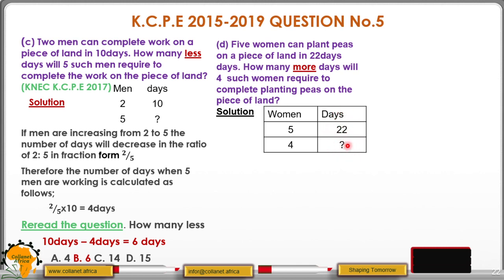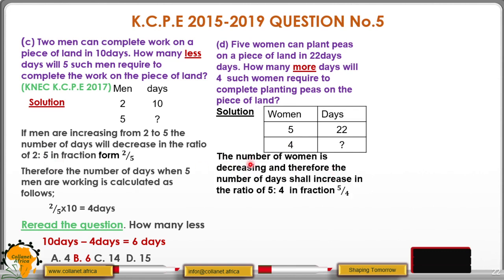So the increasing ratio now will change to not be like the first one. In this case, the number of women is decreasing, therefore the number of days shall increase. This is where they have the interest in the ratio of 5:4. Note that this one is big and this one is small.